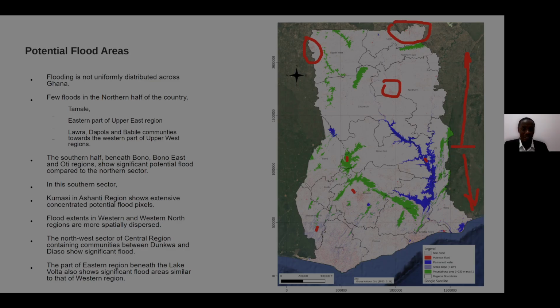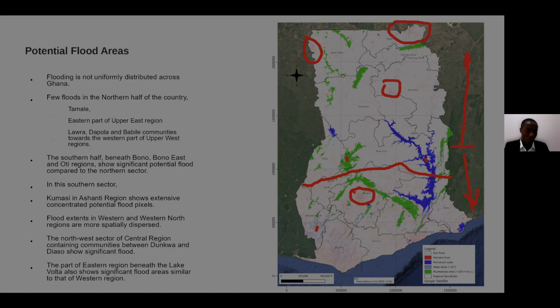Now on the southern parts, for the areas beneath Bono East and Oti regions, we can see that there is a uniform spread of the red pixels in Western North and Western regions. The Ashanti region is also uniformly spread, but in Kumasi over here we see that it is much more concentrated as compared to its neighbors in Ashanti region.